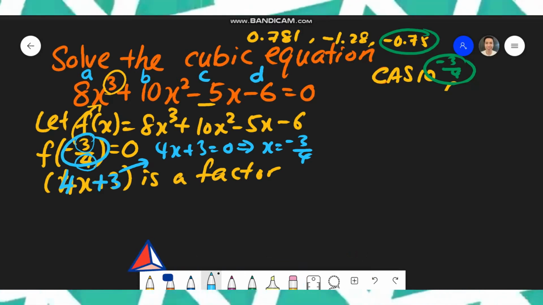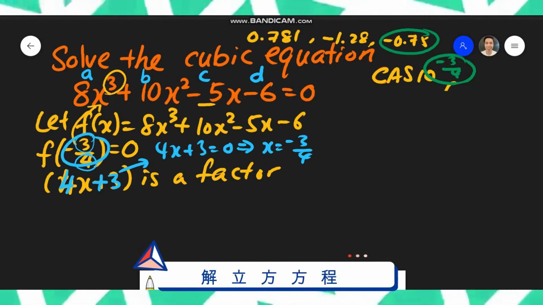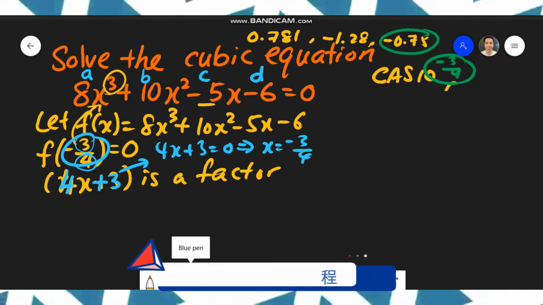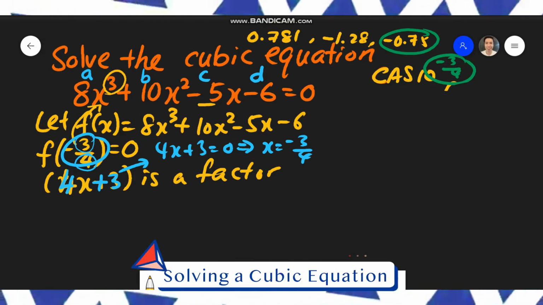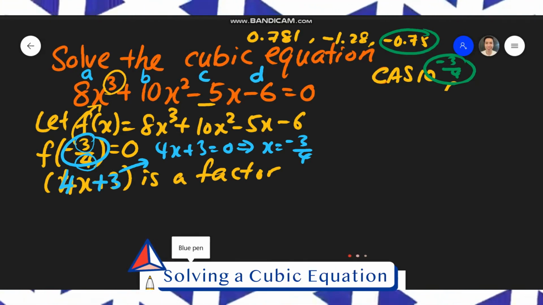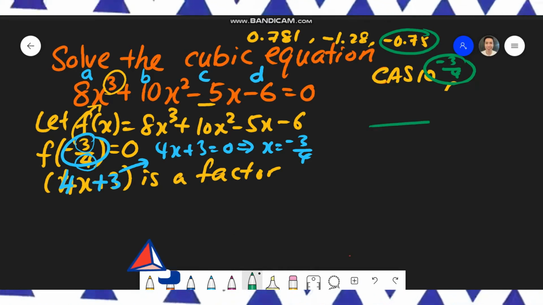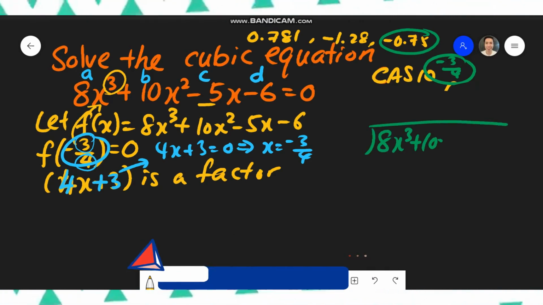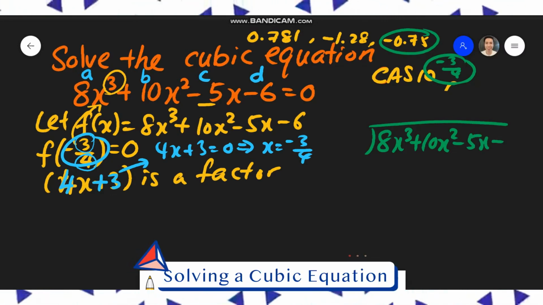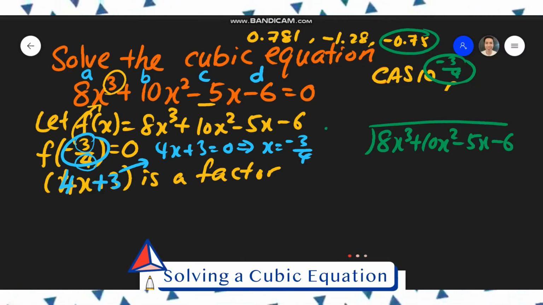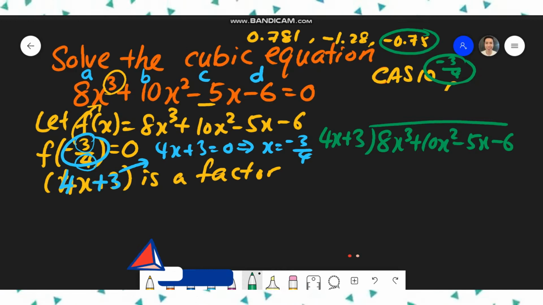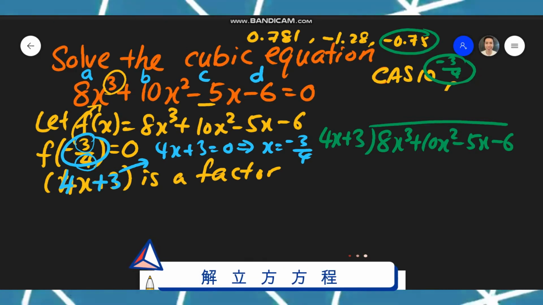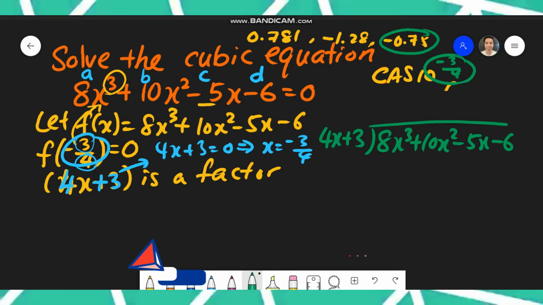After you got this factor, we can do long division. So we can start the long division now. The question is 8x cubed plus 10x squared minus 5x minus 6 divided by the factor 4x plus 3. Next you need to ask yourself, what times 4x is 8x cubed?